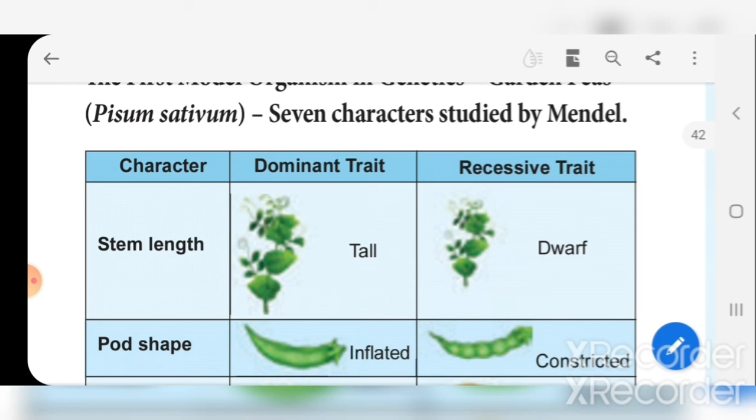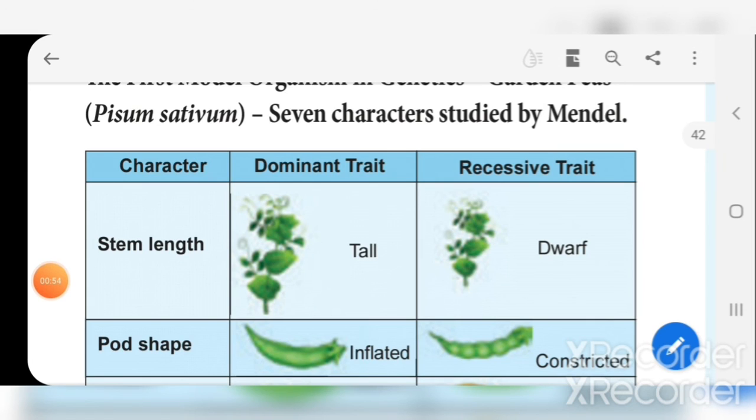Second, pod shape. Pod means fruit. The dominant trait is inflated and the recessive trait is constricted. Inflated in Tamil is known as Vingiya alladu Uppiya, whereas constricted in Tamil is known as Irukkamutra.